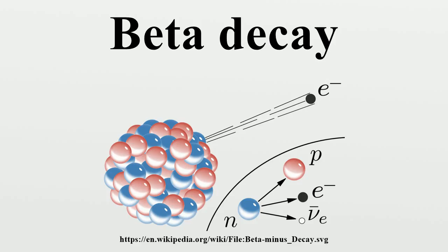Nuclear transmutation. If the proton and neutron are part of an atomic nucleus, these decay processes transmute one chemical element into another. For example, beta decay does not change the number A of nucleons in the nucleus, but changes only its charge Z. Thus, the set of all nuclides with the same A can be introduced.